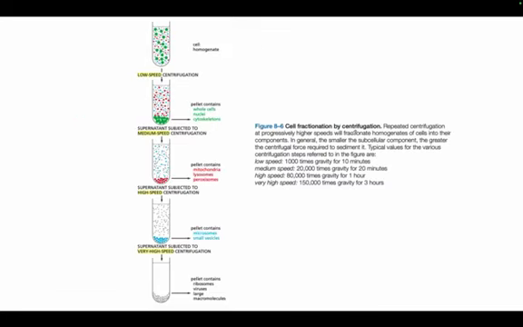Now, one application of centrifugation or differential centrifugation is something called cell fractionation, which is when we collect different fractions of cell organelles by centrifugation. So we can start with some tissue, which is made up of different kinds of cells.